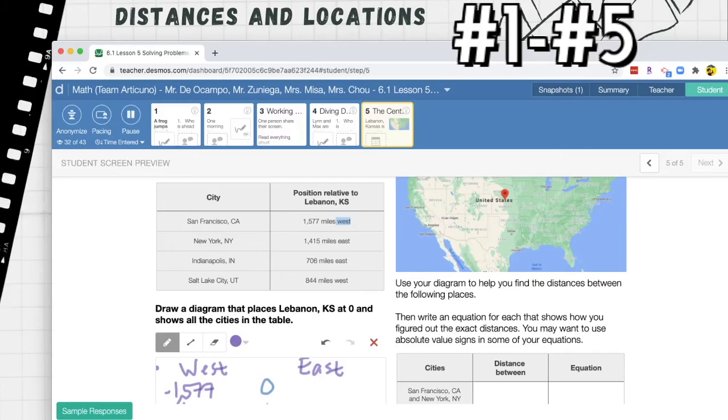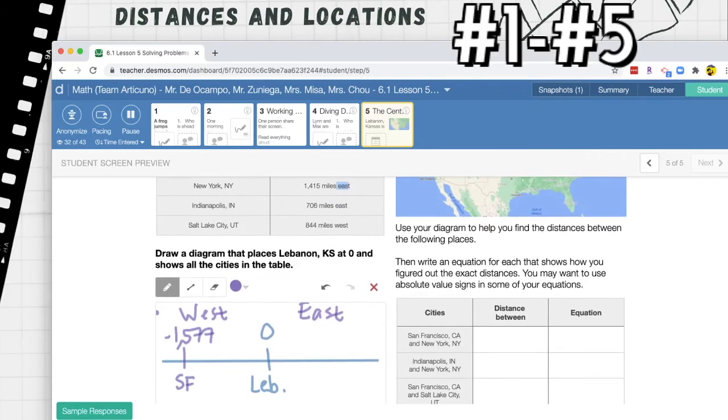New York is 1,415 miles east. Is that positive or negative? Well, we are talking about positive because we're talking about over here. So, I'm just going to put New York, 1,415.